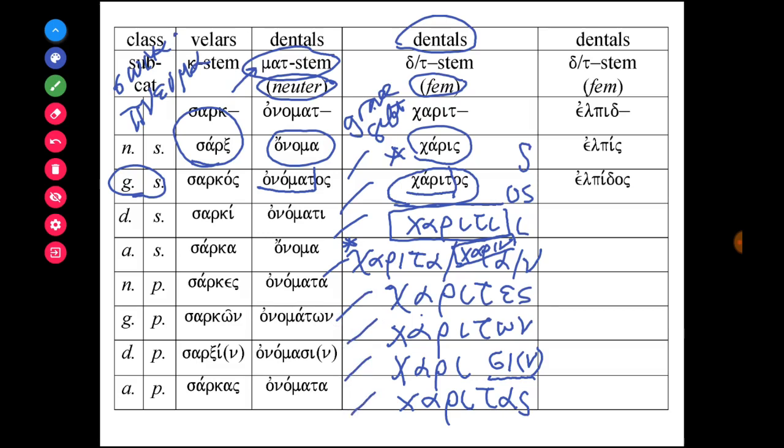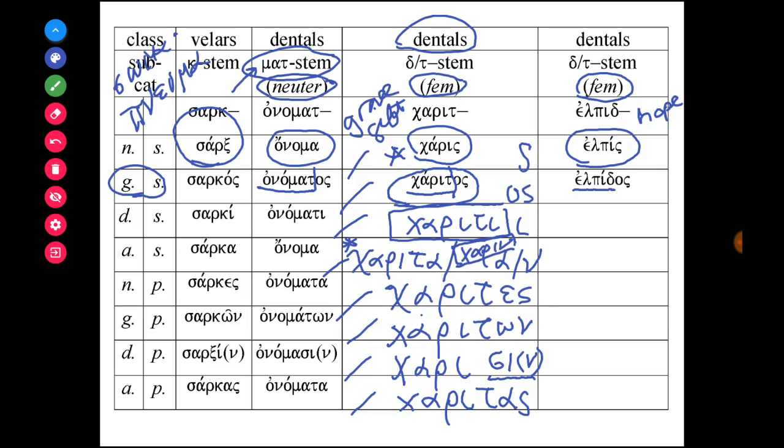And then here's another example of a feminine dental where the stem is not ending with the letter tau, but with the delta. And so this is elpis, the word for hope in Greek. And so we add a sigma to the delta, the delta drops, and we get the form elpis.